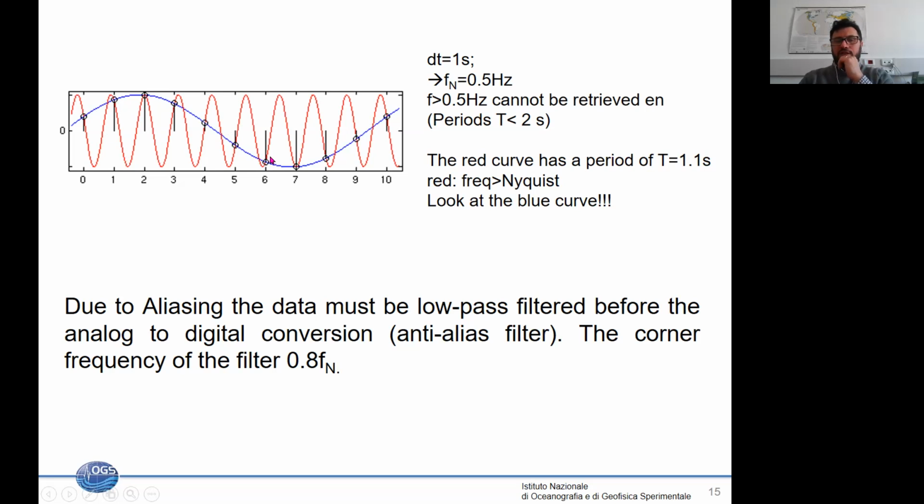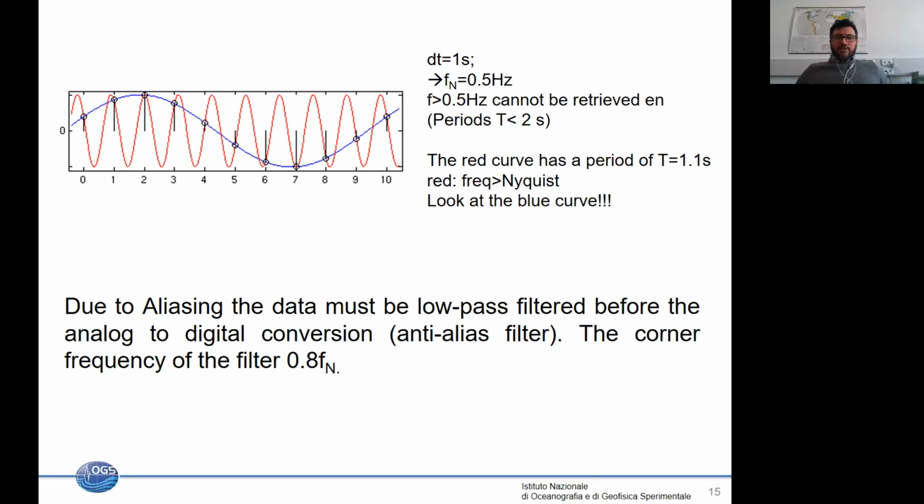Otherwise, I have an effect that is called aliasing, in which you can say I'm inventing a low frequency in the original signal that does not exist. What is the problem? The problem is that when I go in the field, I don't know a priori what the frequency content of the signal related to the shaking of the ground is. Who tells you?